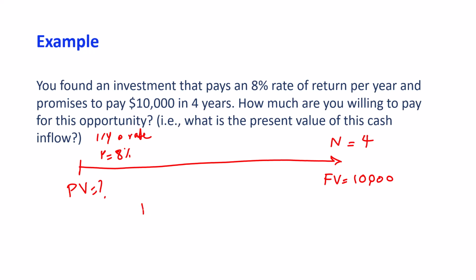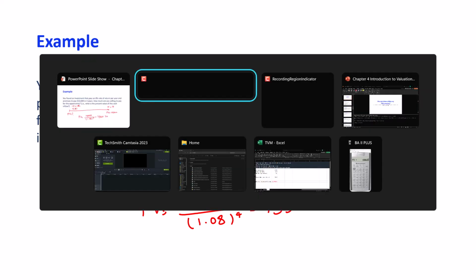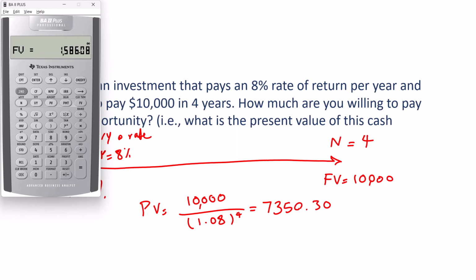And then the question is asking, what is the present value? So to find this, we can use the formula 10,000 divided by 1.08 raised to the power of 4. So this should give you $7,350.30. And then using the financial calculator, we can do this.